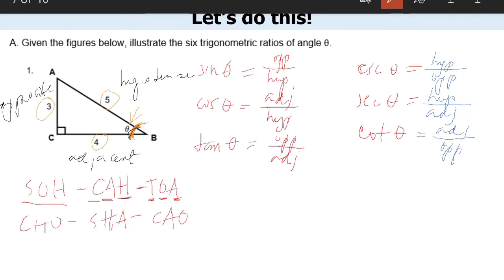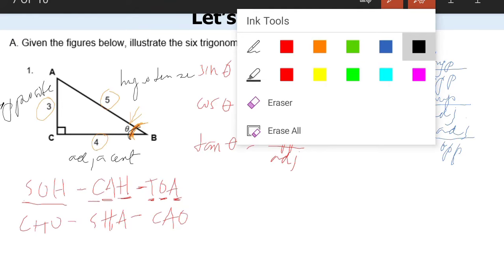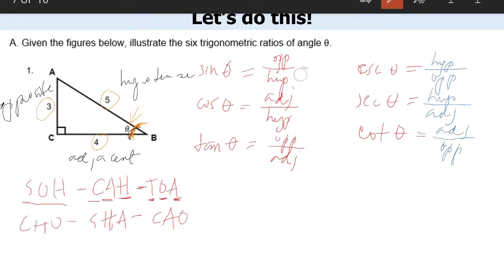So to illustrate the 6 trigonometric ratios, so sine theta, what is the opposite? It is 3. So we will write here 3 over hypotenuse is 5. Therefore, your sine theta is equal to 3 over 5.